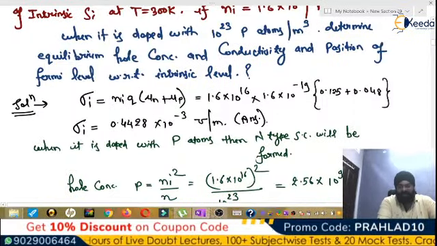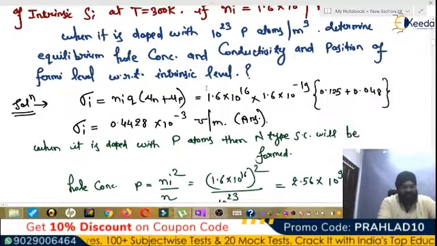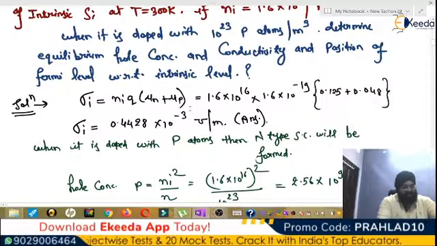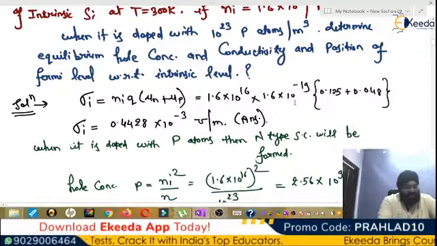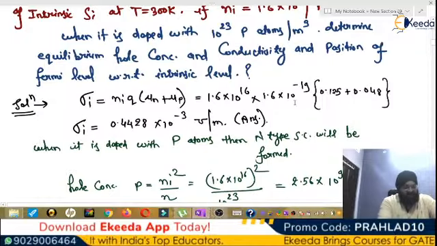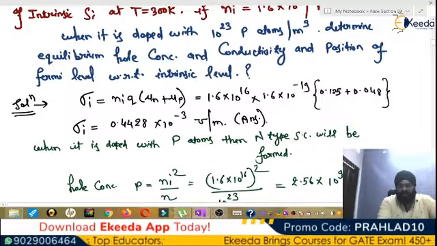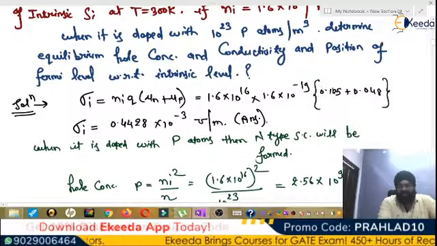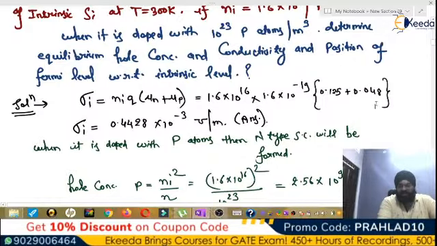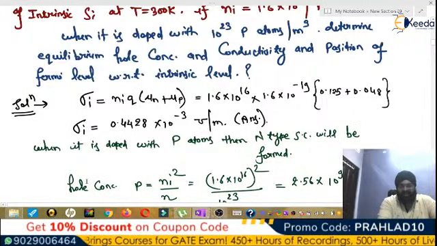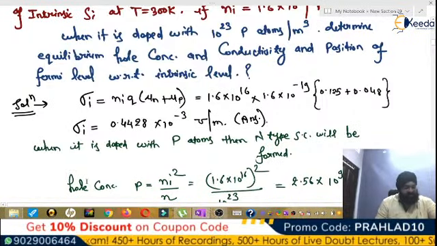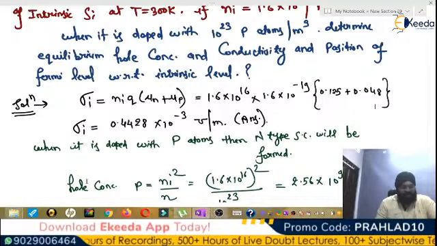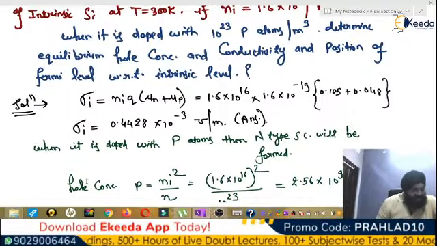So Ni, the intrinsic concentration, is 1.6 into 10 raised to power 16, as given here, and charge is 1.6 into 10 raised to power minus 19, and mu n plus mu p is 0.125 plus 0.048. So when we solve, the intrinsic conductivity is 0.4428 into 10 raised to power minus 3.